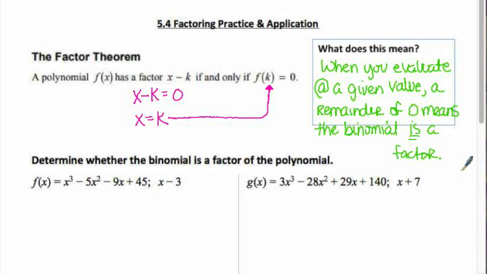Okay, basically if you're going through and evaluating and you get a remainder of 0, that just means that whatever you were dividing by goes in evenly.